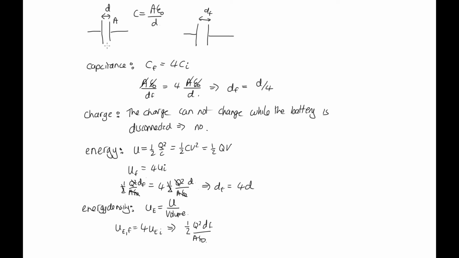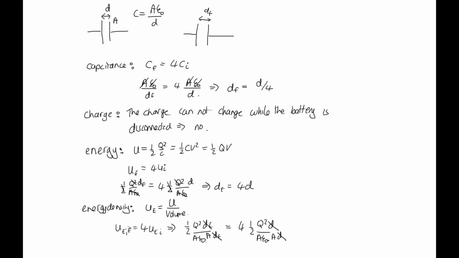Now the volume in here is going to be the area times the distance. In this case, it's the final distance. So this will be A times D_F, and that'll be equal to 4 times the initial one, which is a half, and then we've got the energy, which is Q squared D over A epsilon naught, divided by the volume, which is AD. So what you can see happens here is that the final plate separation cancels out and the initial plate separation cancels out.